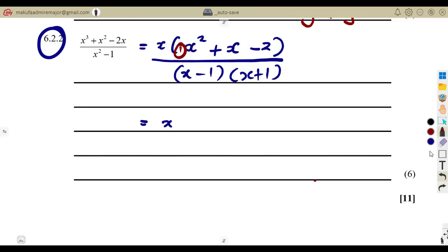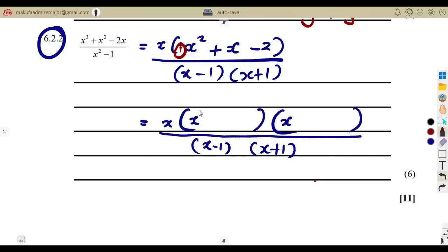The coefficient of x squared is 1, so the first bracket has x, the other one has x. Remember your factorization. We have x and x, then we consider the minus 2, which is the constant. When you add, you must get the coefficient of x, which is 1.